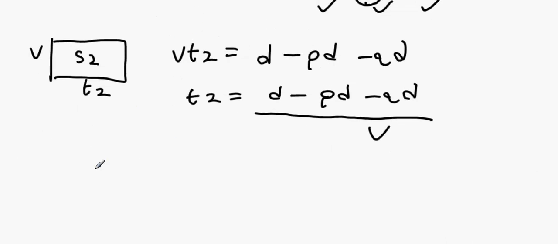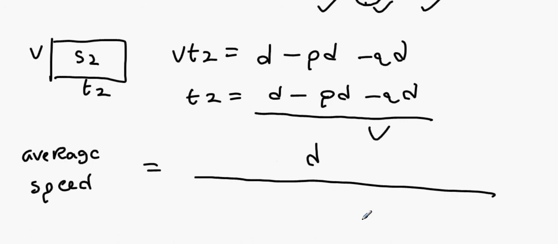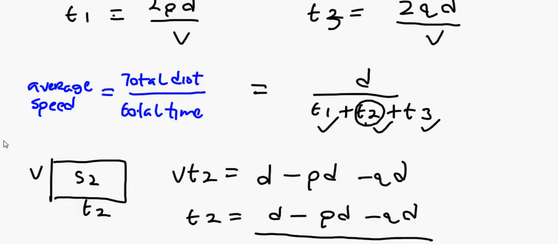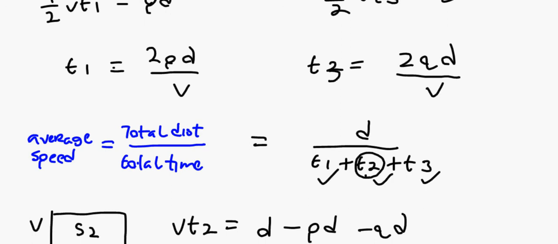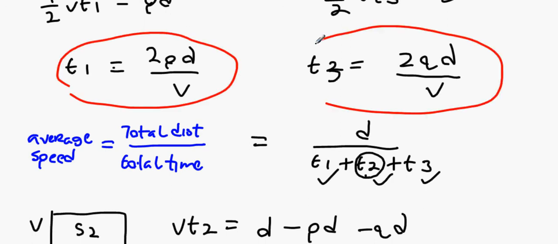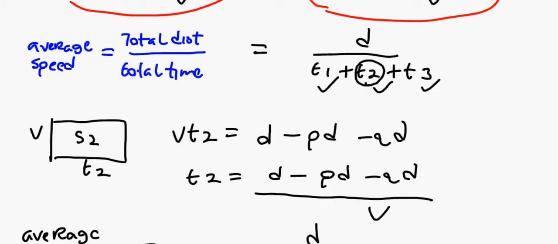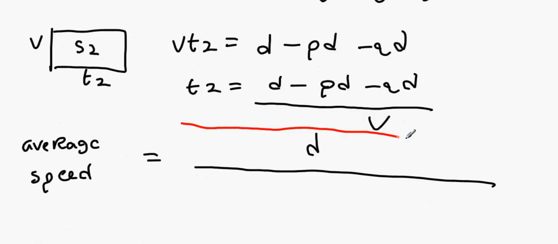So average speed ends up to be D divided by t1, t2 and t3, which are the three we're going to use.